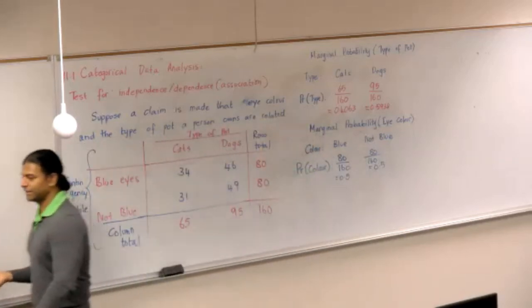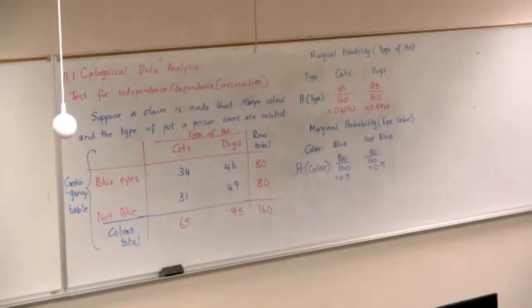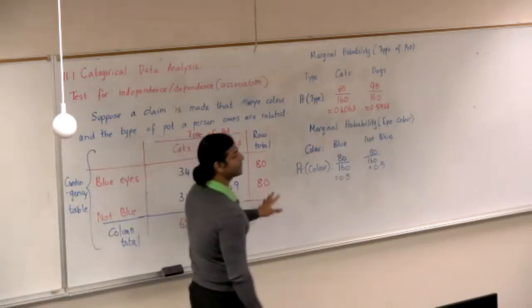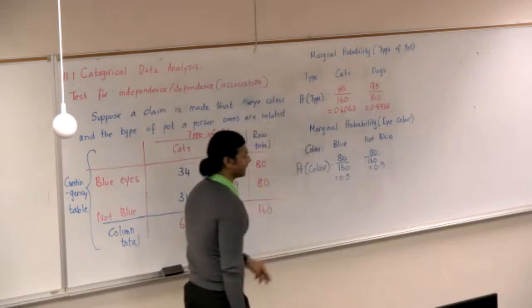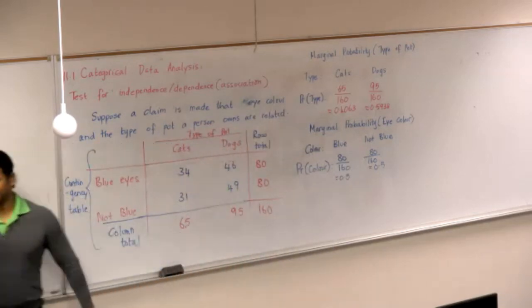So according to this sample, whether a person has blue eyes or not blue eyes, it's a 50-50 chance based on this sample. And I don't think realistically that is the case.